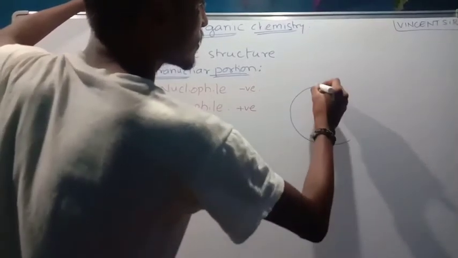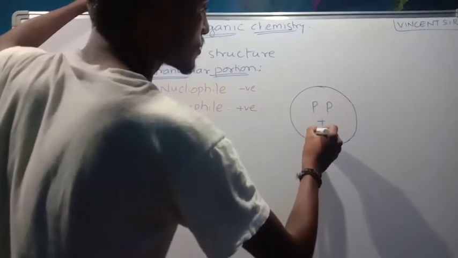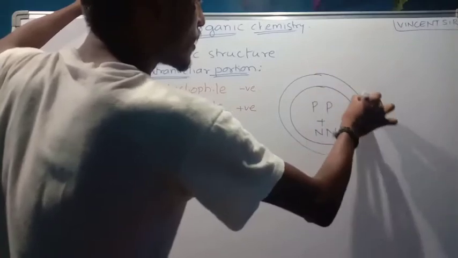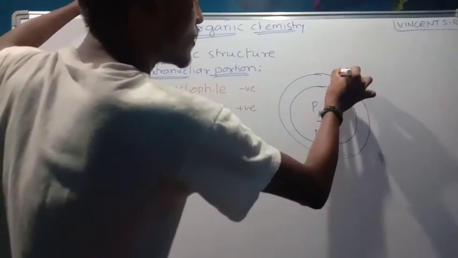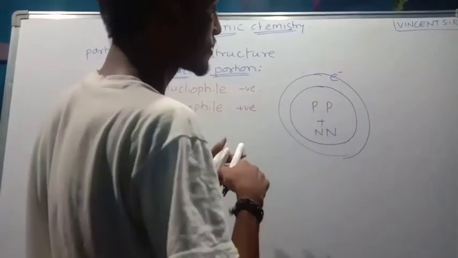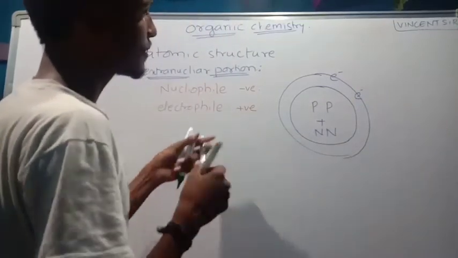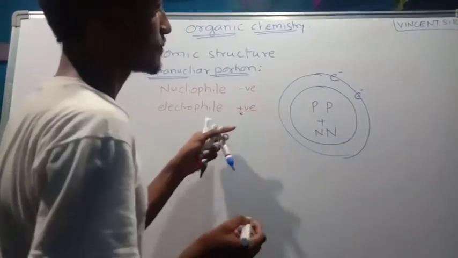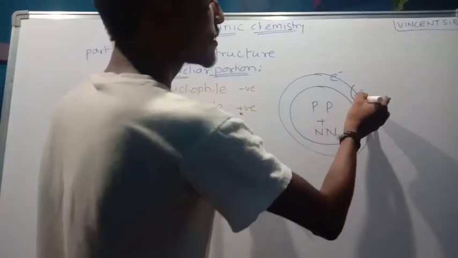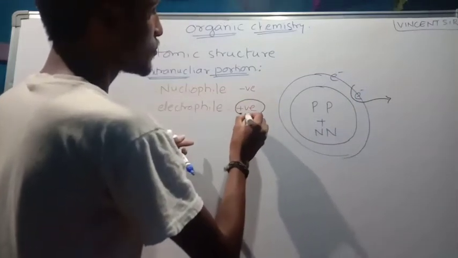Let's consider this is the nucleus having protons plus neutrons, and this is surrounded by the extranuclear portion having electrons. Let's consider positivity. When an element loses its electrons, then it becomes positive.